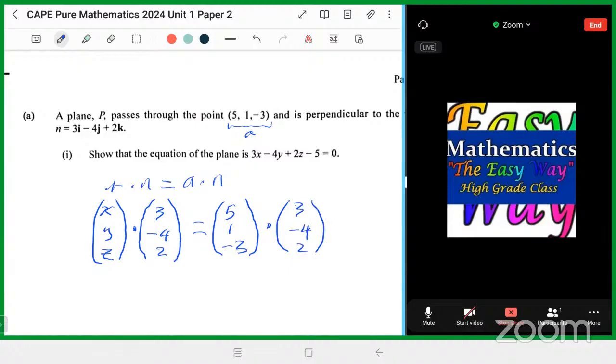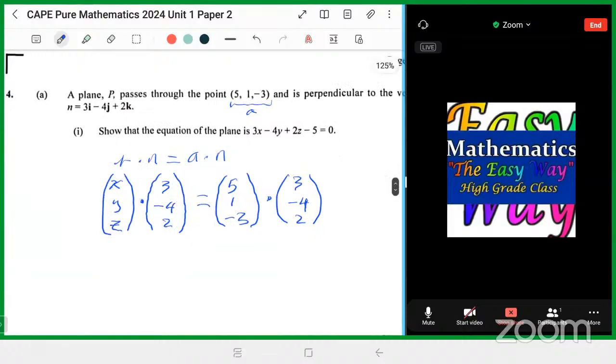This is a simple calculation. When I do the scalar product on this side, it's 3 times x is 3x. y times negative 4 is negative 4y. z times 2 is 2z. And then what does the right side work out to? 5 times 3 is 15. 1 times negative 4 is negative 4. Negative 3 times 2 is negative 6.